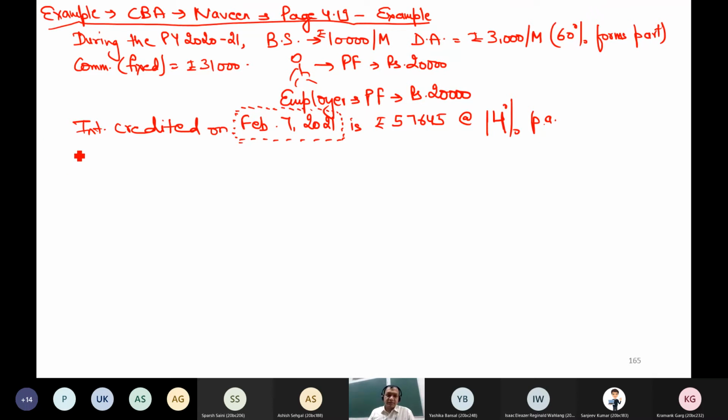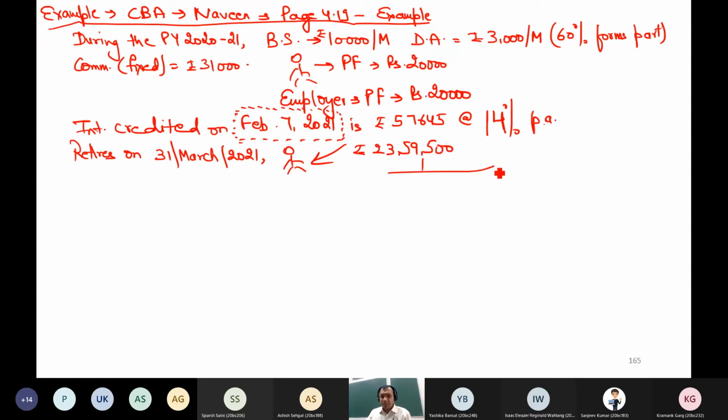So when he retires on 31st March 21, the employee received a total of 23,59,500. Employee received how much? 23,59,500. And if you see the detail of this 23,59,500: employer's contribution is 7 lakh.